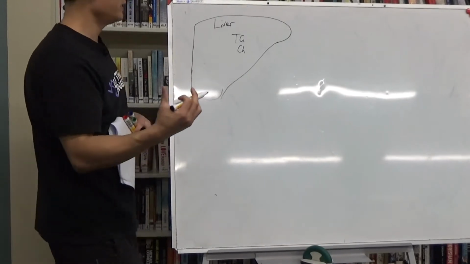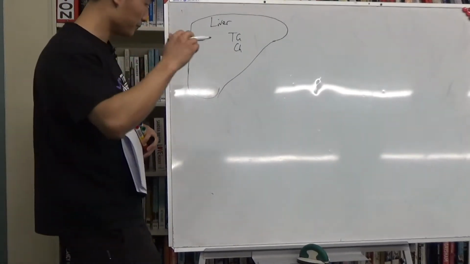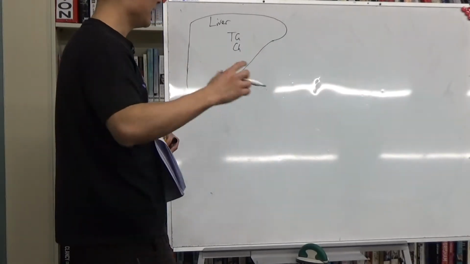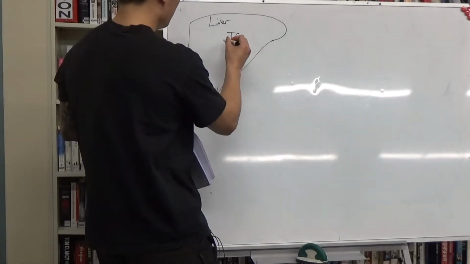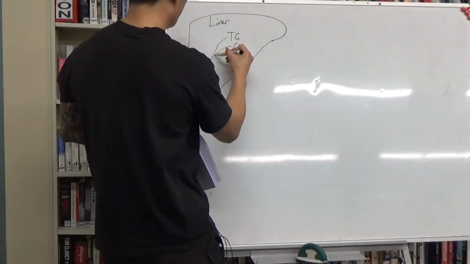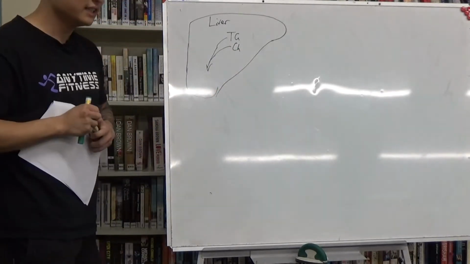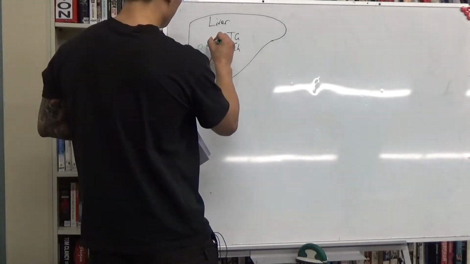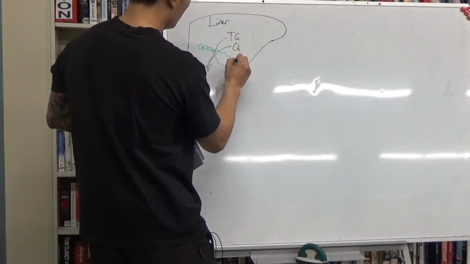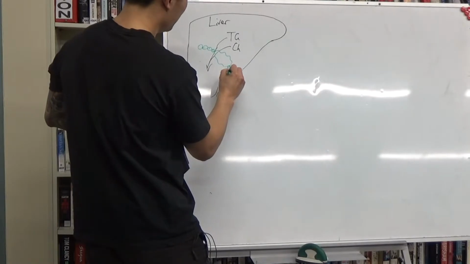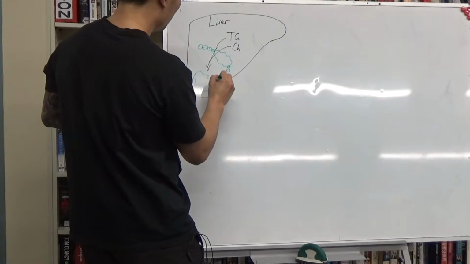So the liver wants to get rid of its triglycerides and cholesterol and send it out into the bloodstream and send it out to the other tissues of your body. So what it's going to do is put all of it into a lipoprotein, and this lipoprotein is your VLDL, or your very low density lipoprotein.